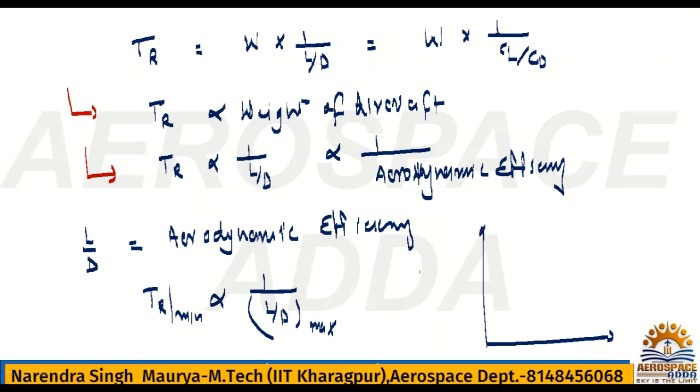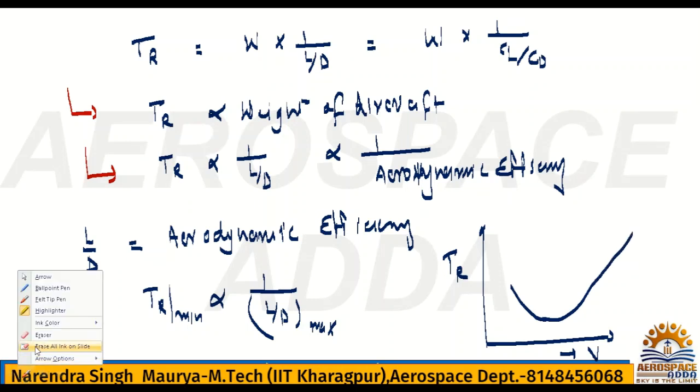This is the thrust required. And now suppose this is the velocity graph, velocity in meter per second. If you draw the thrust required versus velocity, you have seen that this type of graph you may get.